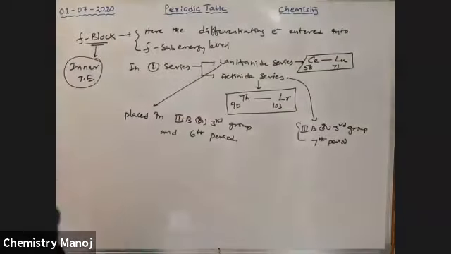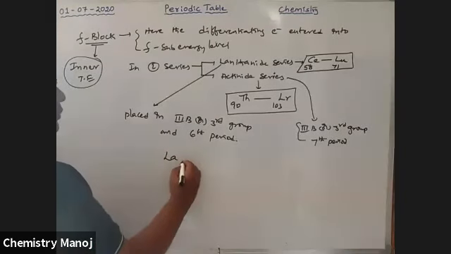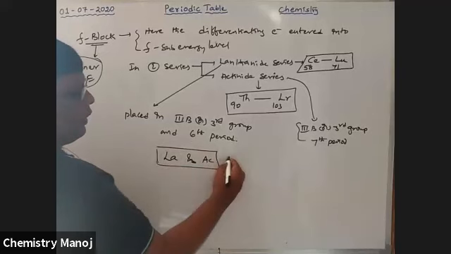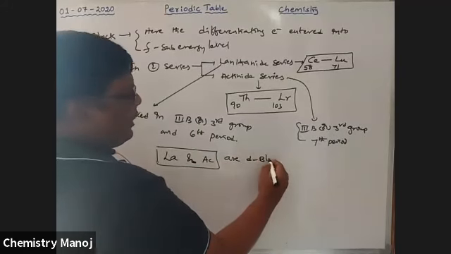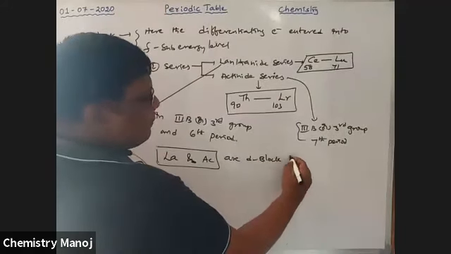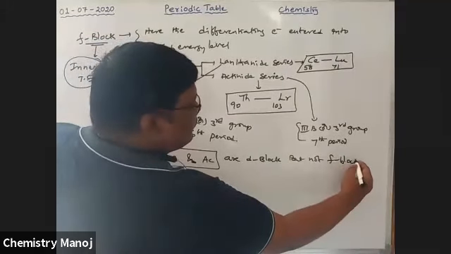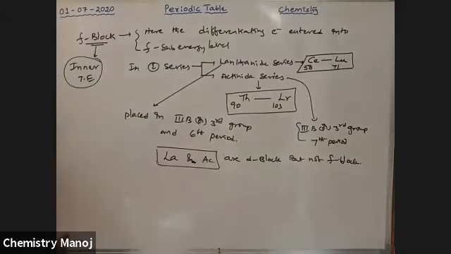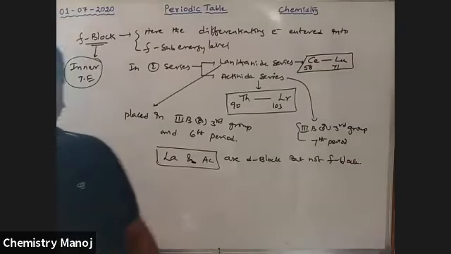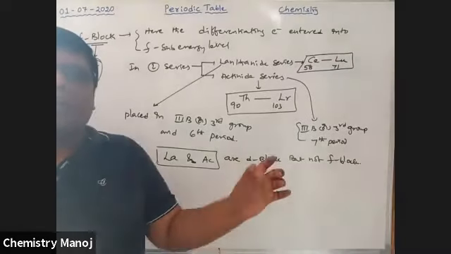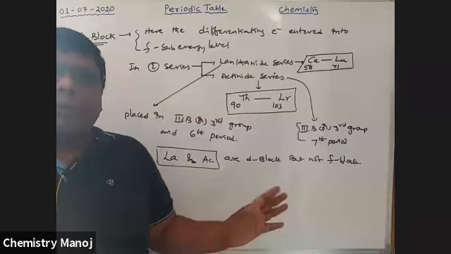Okay, so lanthanum and actinium are D block elements, but not F block. Already I told you. Transition means the properties are in between, medium properties.